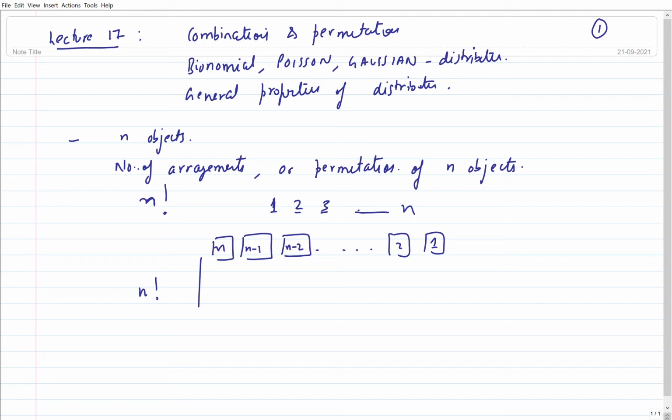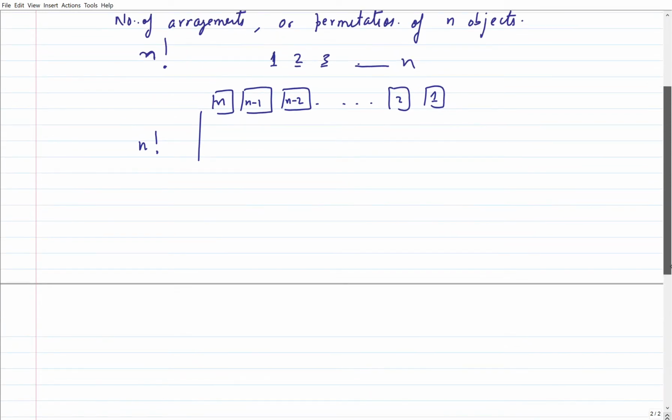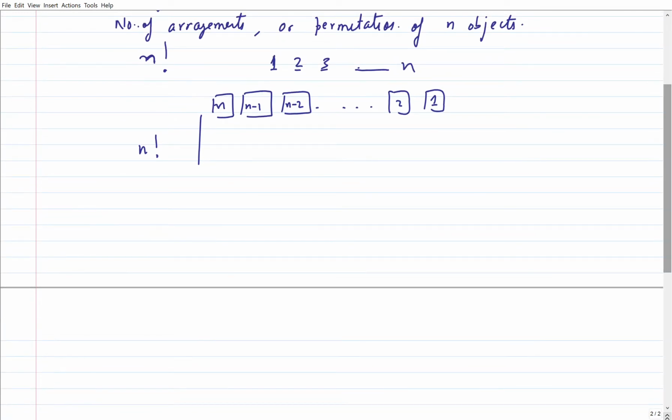Now, let's say I have n objects, but I need to see the permutations of m of them at one time.